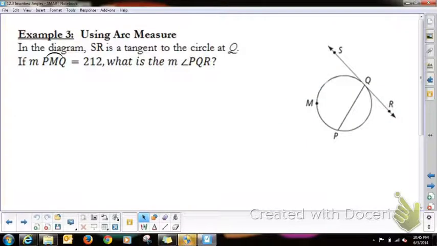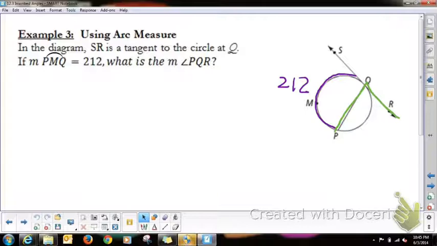In the diagram, SR is a tangent to the circle at Q. If the measure of arc PMQ, that's this arc here, is 212, what is the measure of angle PQR?